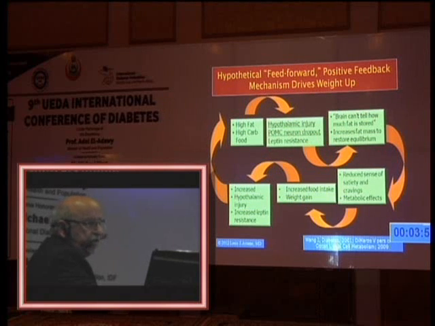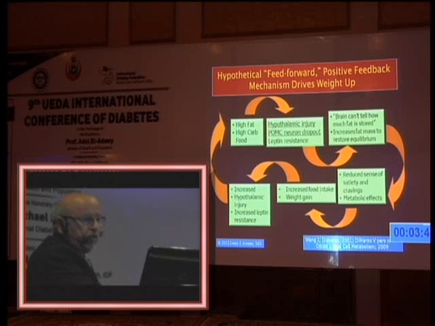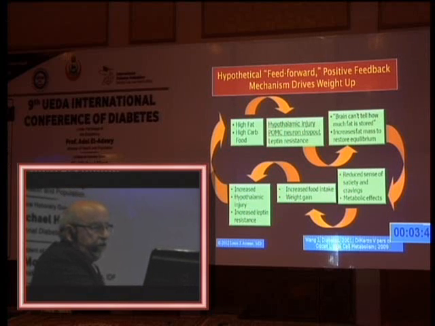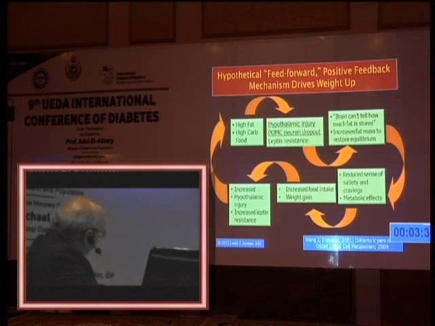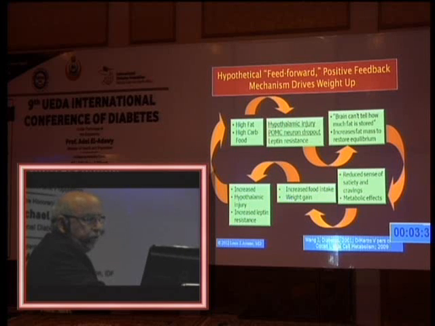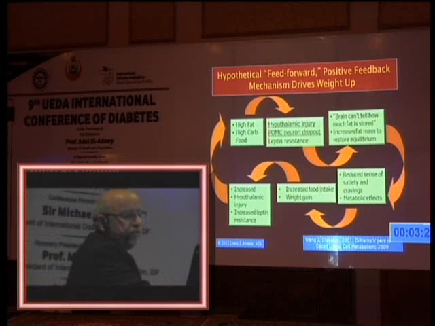This is a summary of the hypothetical feed-forward positive feedback mechanism which drives weight up. The high-fat, high-carb food will lead to hypothalamic injury, which has been demonstrated, leading to POMC neuron dropout and leptin resistance.